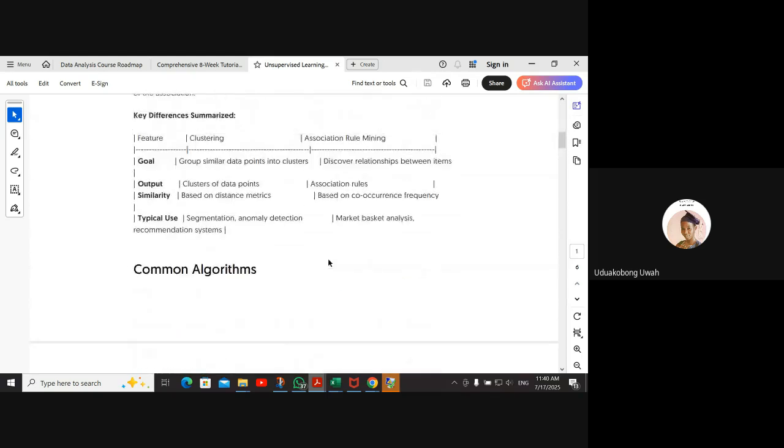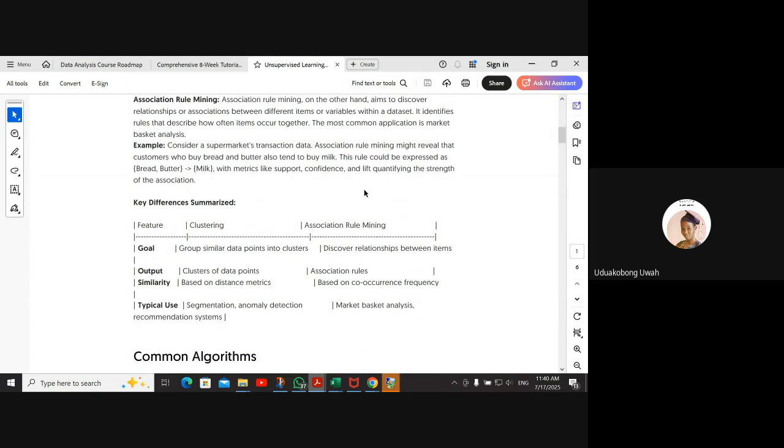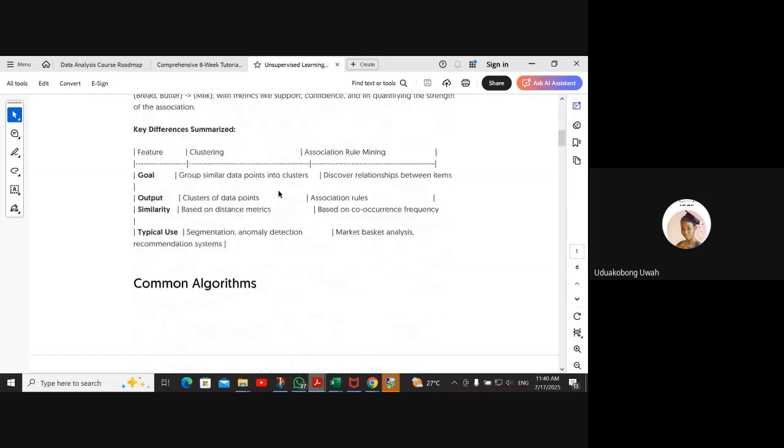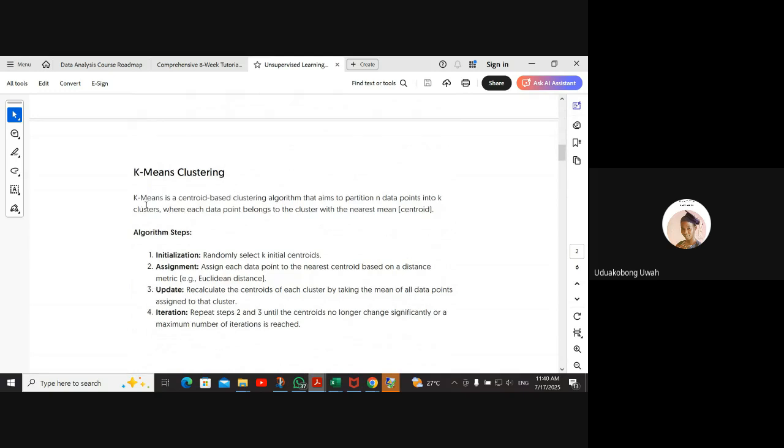So let's see some of the algorithms that help us achieve this. We have K-means, we have hierarchical clustering, and so on and so forth. Now, K-means falls under clustering.